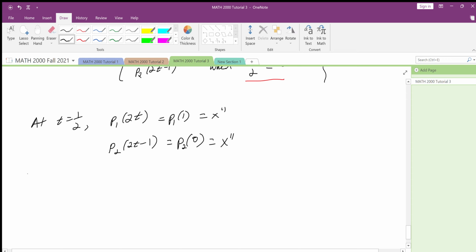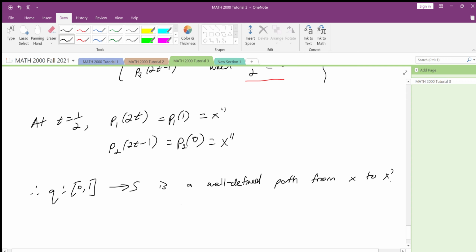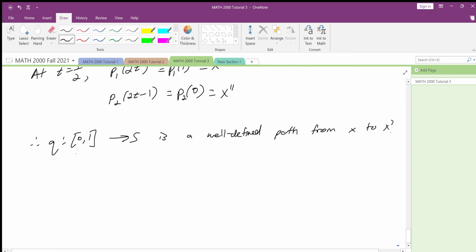Therefore, Q from 0,1 to S is a well-defined path from x to x prime. So now that both cases are settled, we get to the natural conclusion. Therefore, S is path connected. And that's it for question 3a.